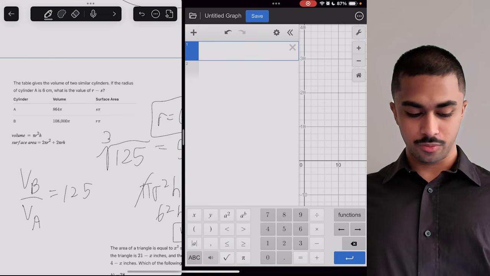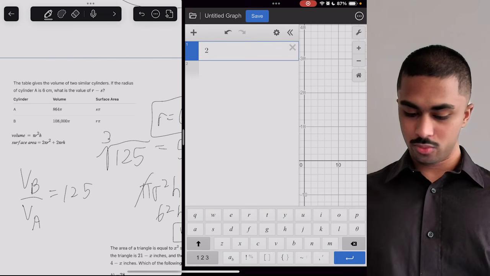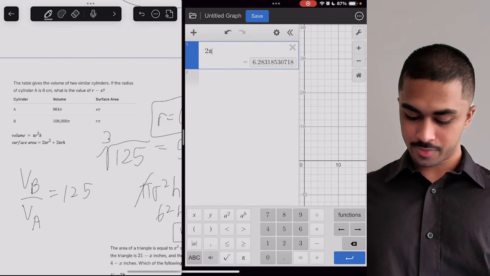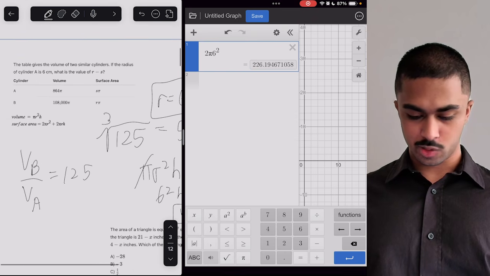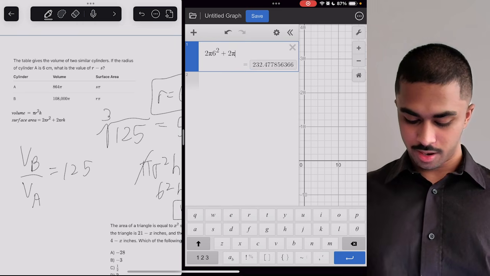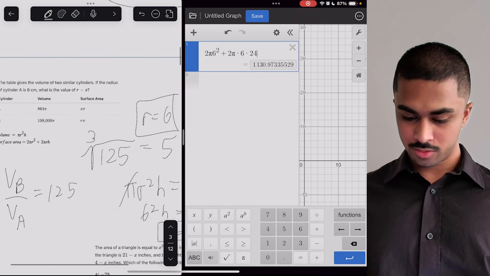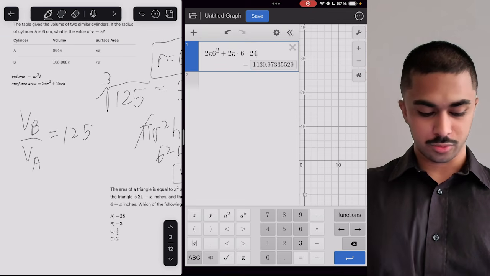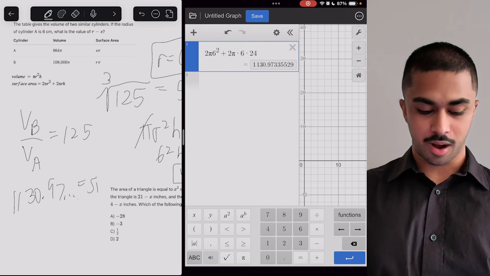Okay, so the volume, not the volume, 2. And if you type in pi, you get pi. 6 squared. Yep. Plus 2 pi times 6 times 24. Okay. And this 1130.97 whatever is equal to s pi.